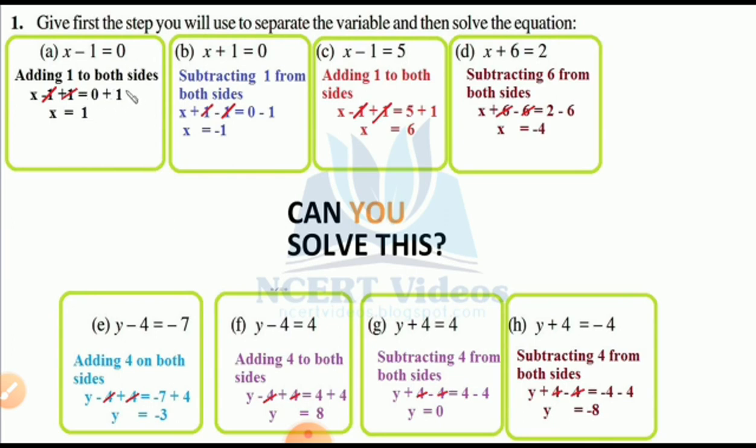Look at B. x plus 1 is equal to 0. Whenever I want to remove the plus 1, I have to subtract 1 on both sides. So on the left side I have x plus 1; if I subtract 1, it gives me x only.